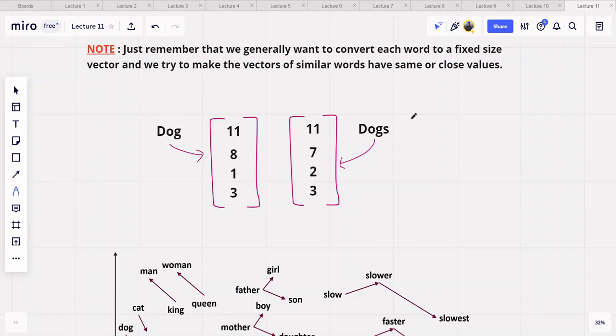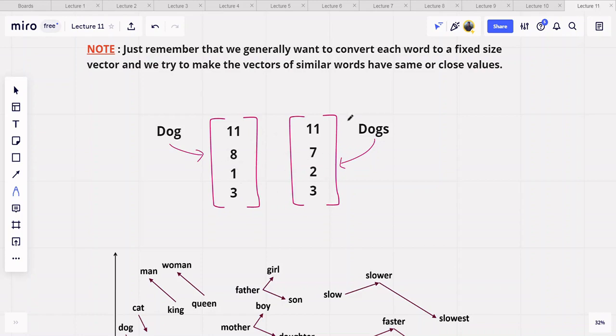So there is a similarity between their meanings. Our aim with these natural language processing methods is to give words with similar meaning similar numerical values. You can see that dog and dogs have similar values in their vectors. They both have 11, then they both have 3, and their values are pretty close to each other.